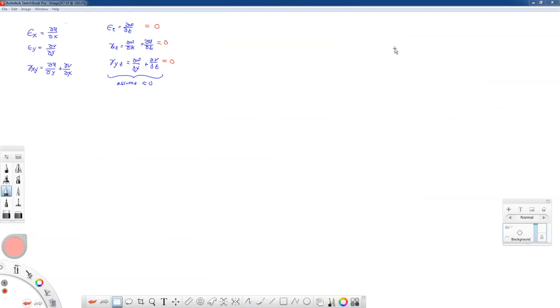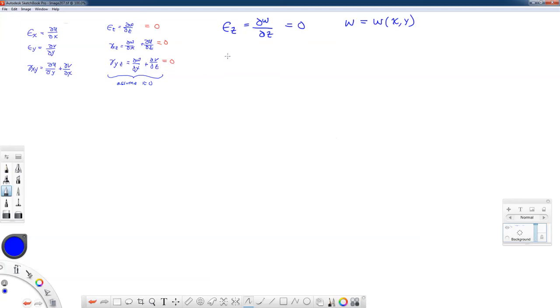So let's take a look at that top one on the right. Epsilon z is equal to partial derivative of w with respect to z, and it being equal to 0. So if we integrate this partial differential equation, we can find that the function w is just a function of x and y. It's not a function of z.